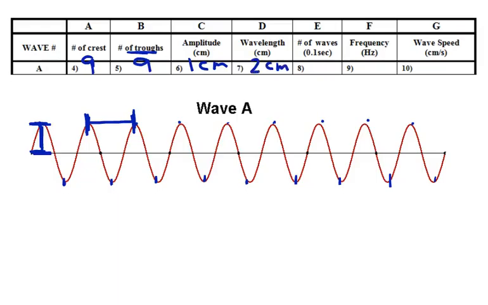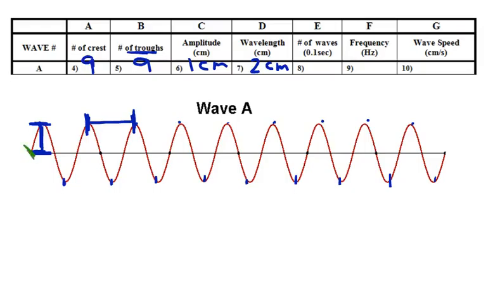Okay, and then you're going to count the total number of waves. Again, it's how many total cycles happen. We're saying that this picture is 1/10 of a second. So this is how many waves happen every 1/10 of a second.